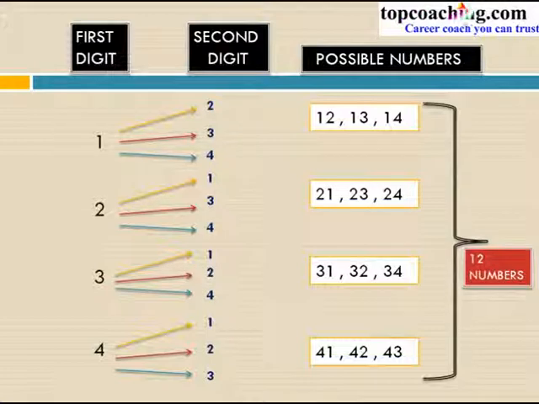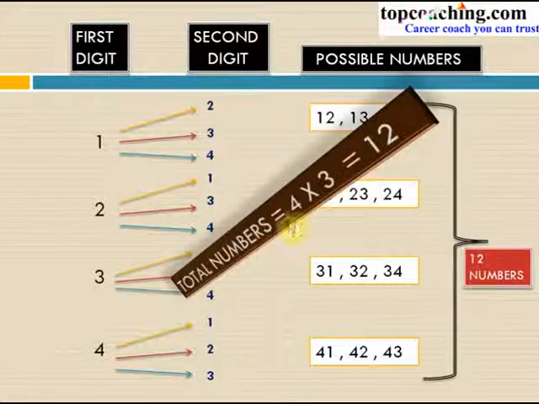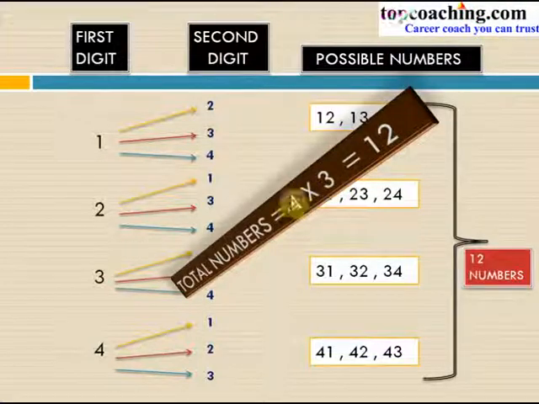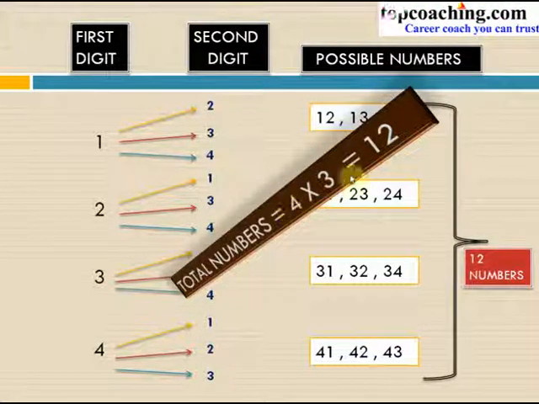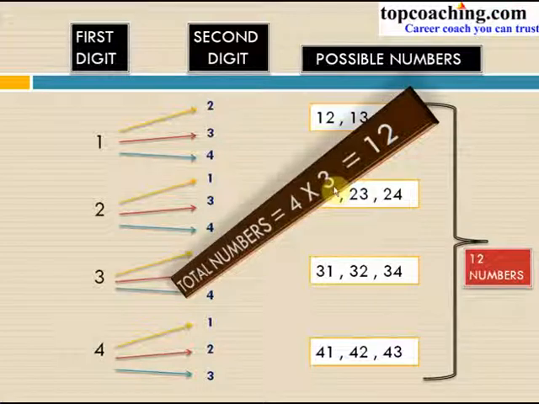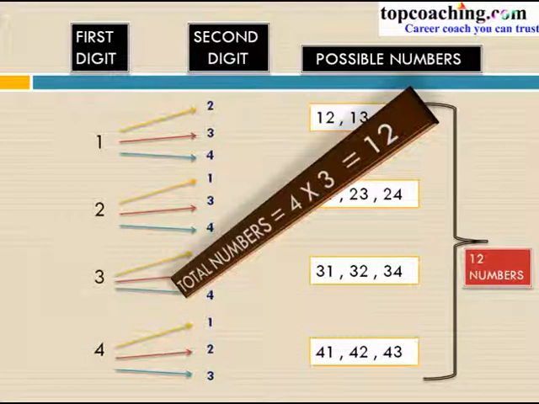So total number of ways would be 4 into 3. Total such numbers would be equal to 4 into 3. The first digit could be filled in 4 ways and the second digit can be filled in 3 ways. So 4 into 3 would be equal to 12, and so the possible such numbers are 12. So in all there are 12 such possible numbers. So just using the concept of multiplication we have solved this problem.